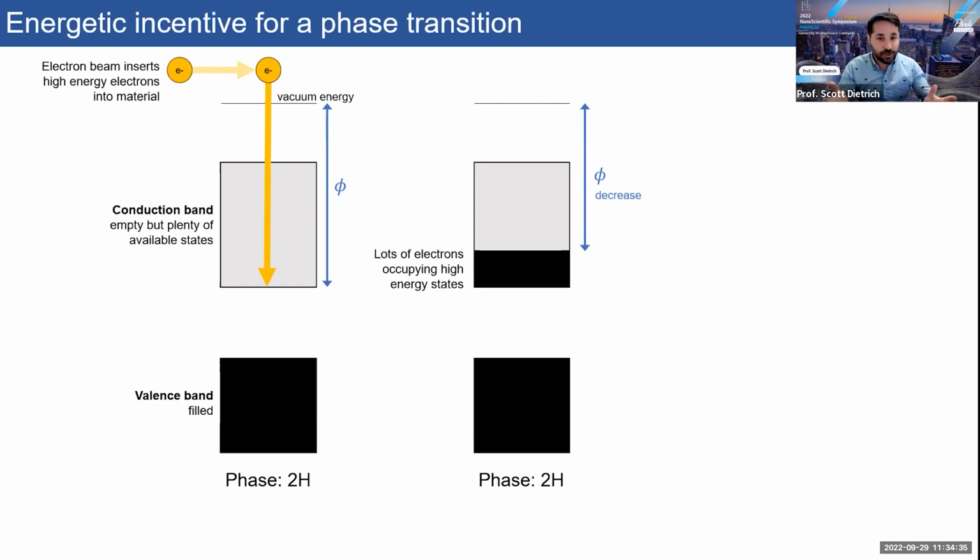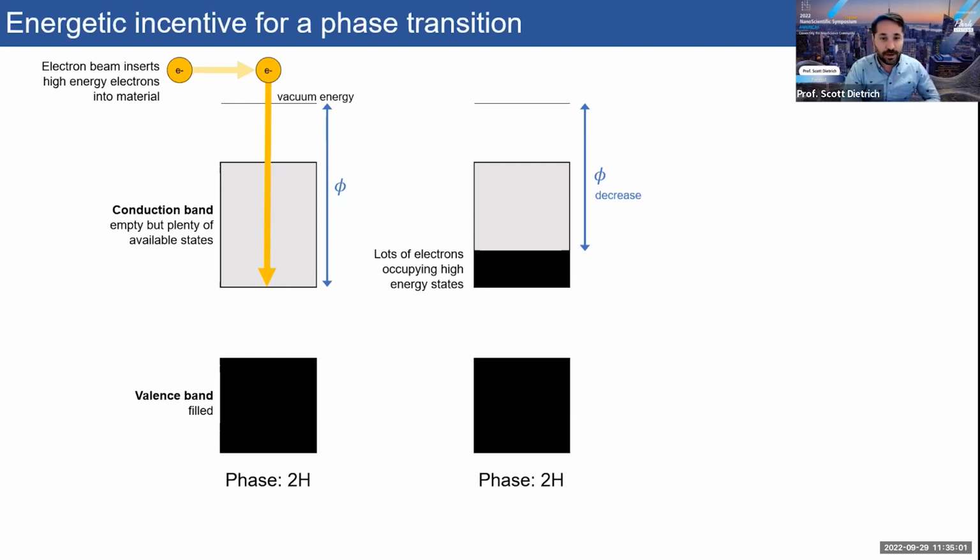And it's just driven by the Pauli exclusion principle that the electrons can't just fall down to the valence band. They have to take the lowest energy unoccupied state. At some point, we can think of inserting these electrons as keeping them at higher and higher energies. And eventually we have a lot of electrons donated to this material.